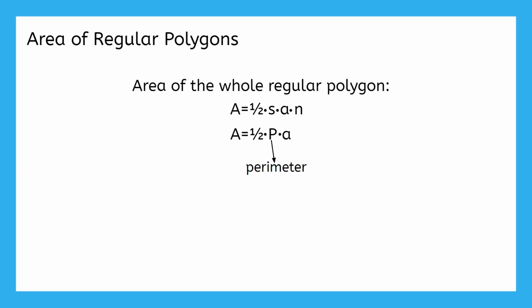So if one of these makes more sense to your way of thinking, that's totally okay. You can use them interchangeably. Keep in mind, these formulas only work for regular polygons, so make sure you have all congruent sides before you try to use it. Now that we have some formulas, let's put them to use in some examples.